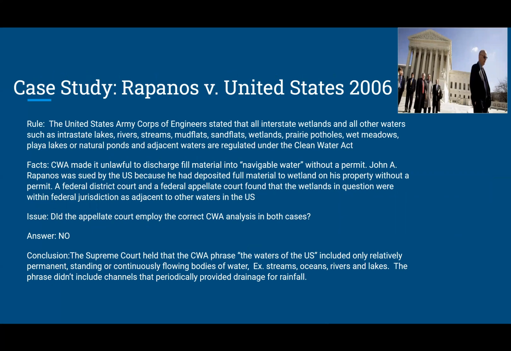So this case study is Rapanos versus the United States. It was decided in 2006. So basically, the rule is that the United States Army Corps of Engineers stated that all interstate wetlands and all other waters such as interstate lakes, rivers, streams, mudflats, sandflats, wetlands, prairie potholes, wet meadows, playa lakes, or natural ponds and adjacent waters are regulated under the Clean Water Act.